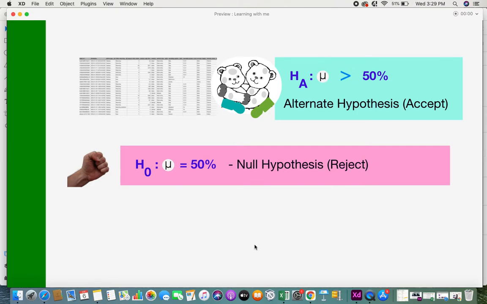Now when we talk about significance, we know that the significance level is how much your data or your sample supports your hypothesis.